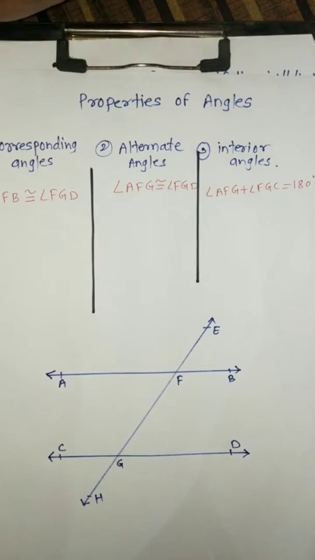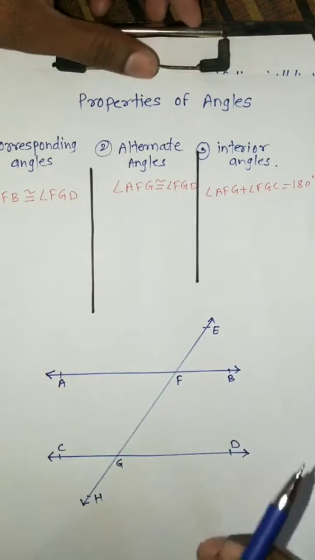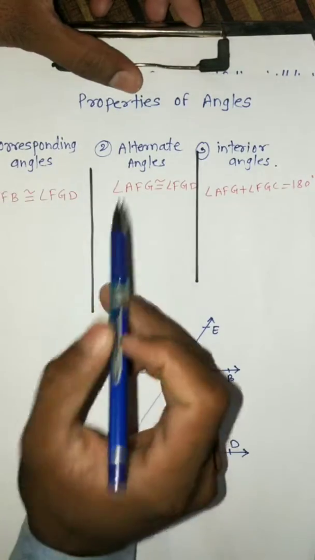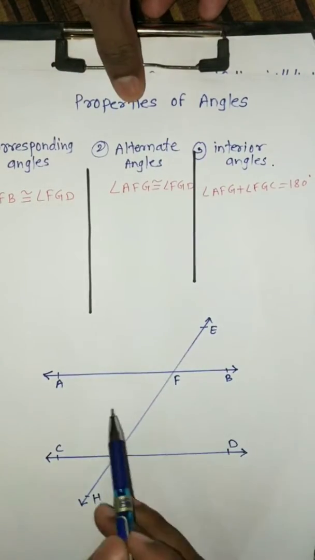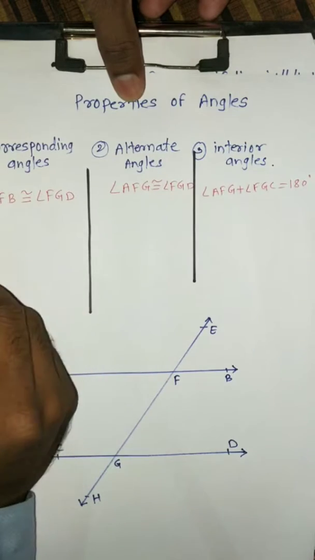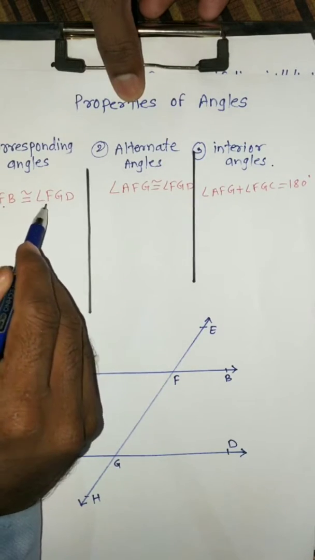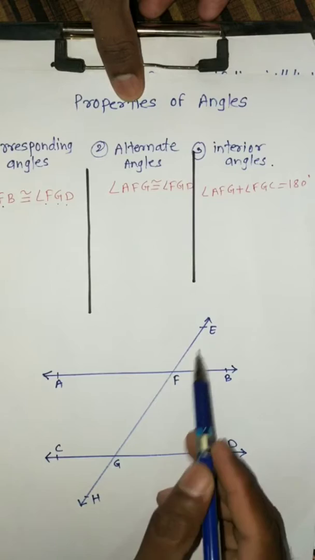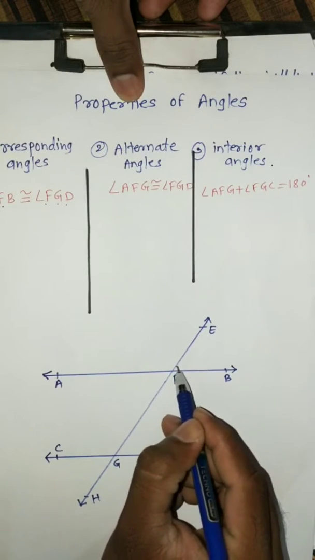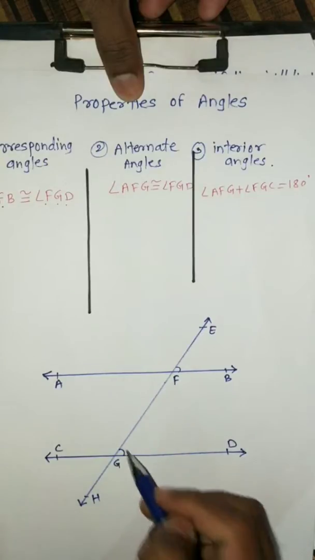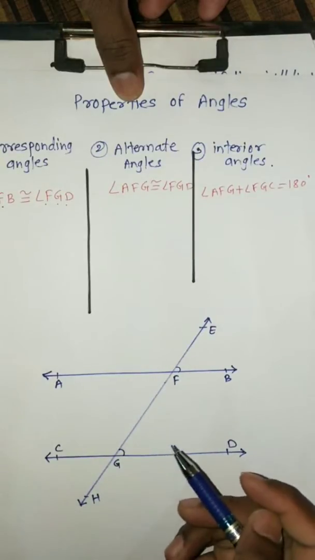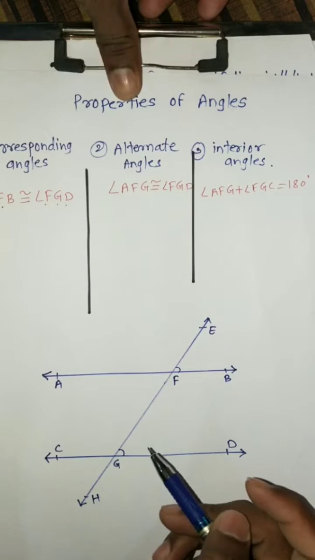So our next point is the properties of angles: corresponding angles, alternate angles, and interior angles. In the given figure, angles EFB and FGD are corresponding angles and the measurements of these two angles are equal.